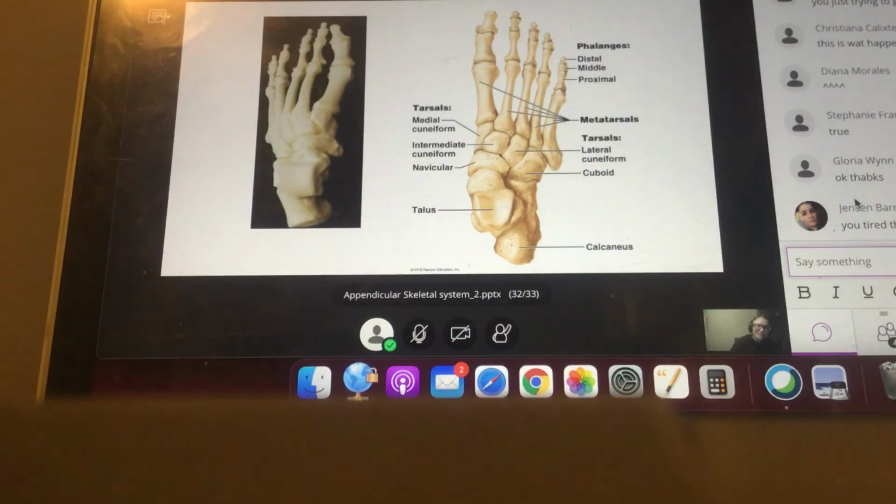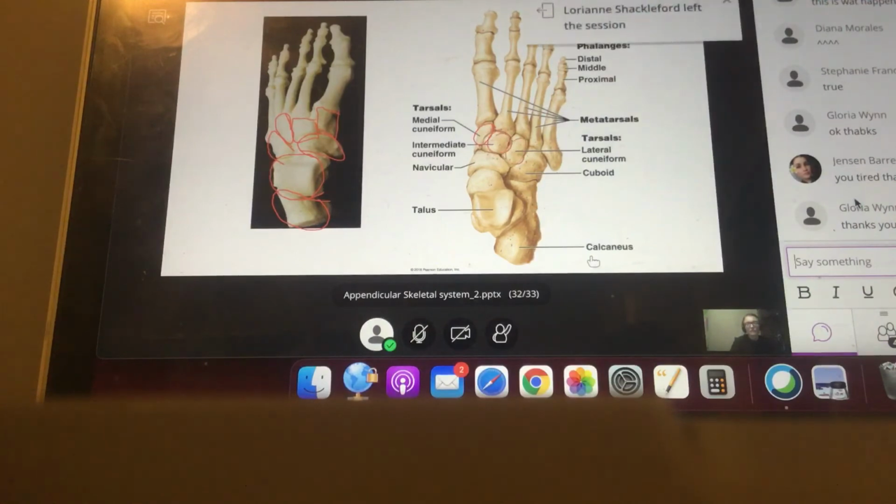Calcaneus, talus, navicular, cuboid, starting back with medial, intermediate, and then lateral cuneiform. And that follows medial, intermediate, lateral, and then that's the cuboid over there. So I got that one right. Sorry, guys. I've been so good, and I messed that foot right up, didn't I?